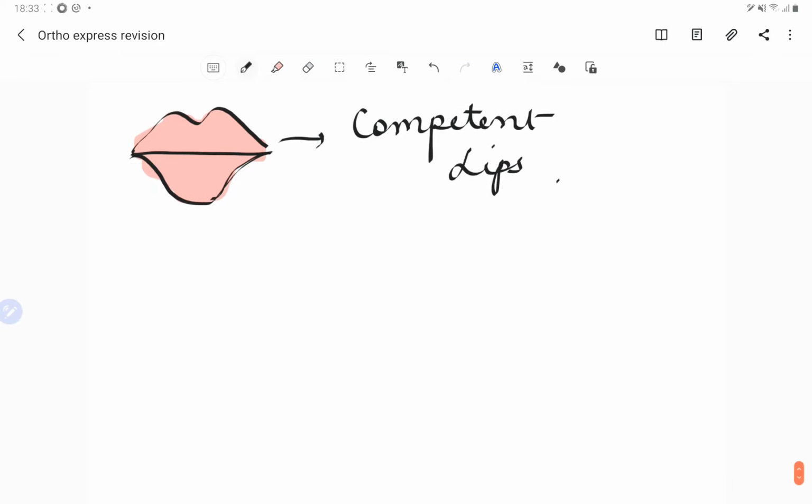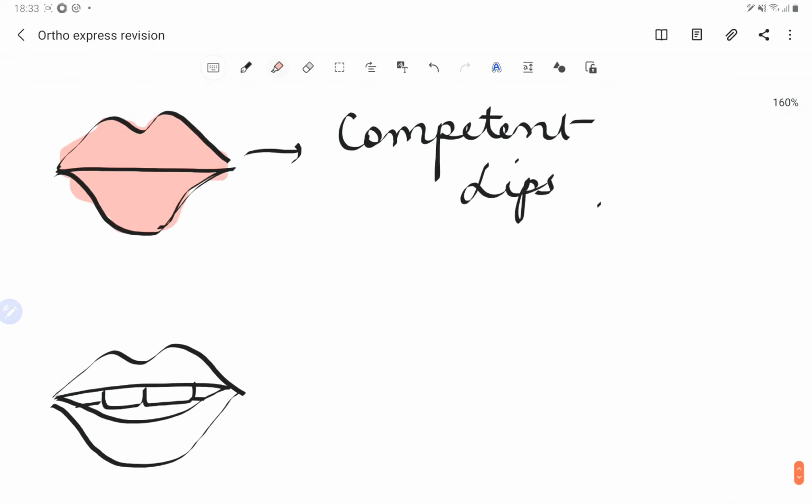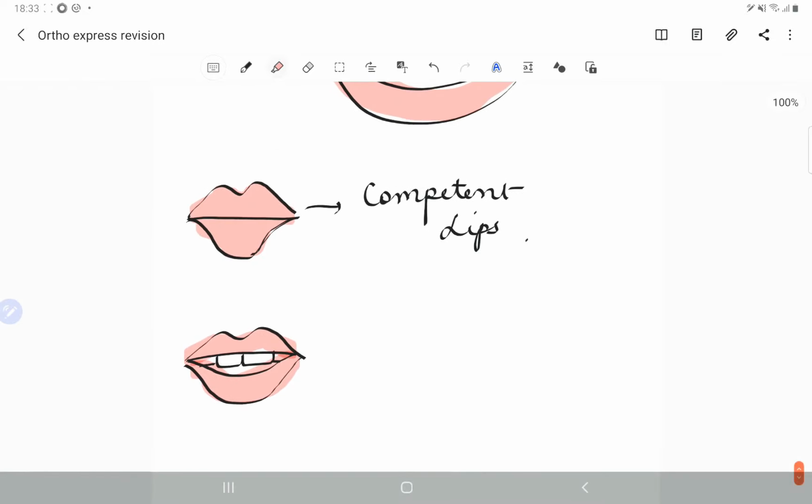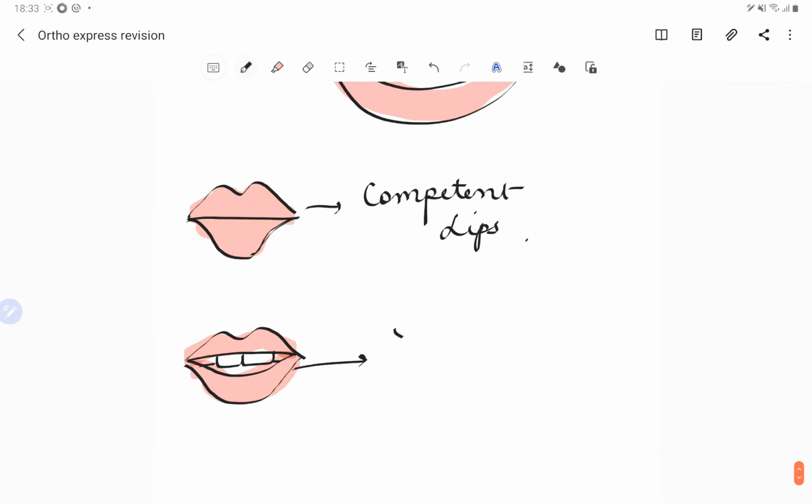Then guys, we have incompetent lips. So this is the incompetent lips.